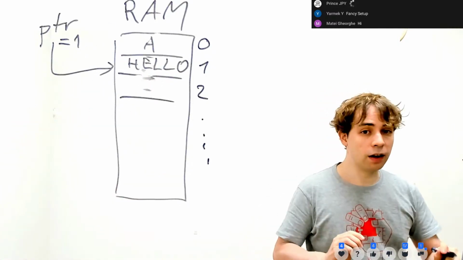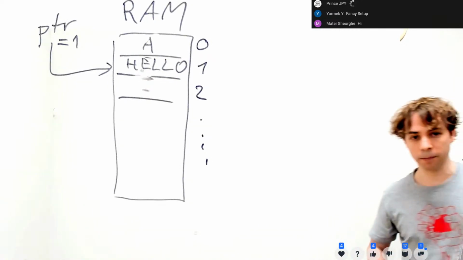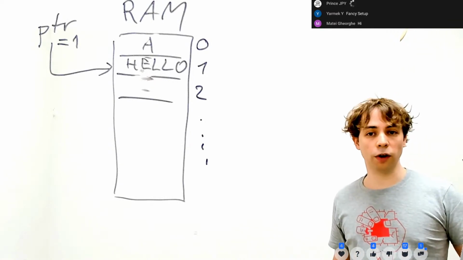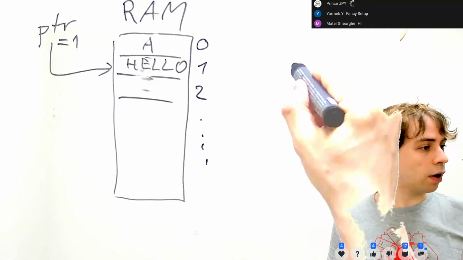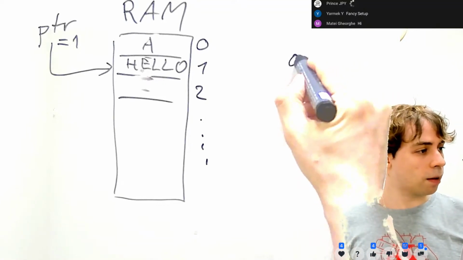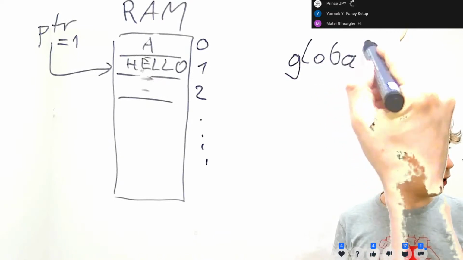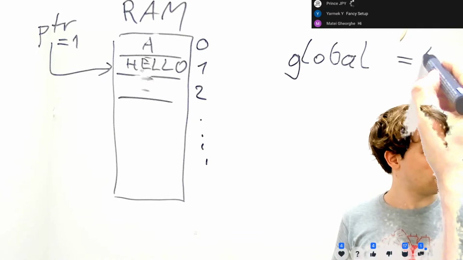So what you can imagine about how a program works is this: imagine you have a program where you access some global variable, global equals 4.